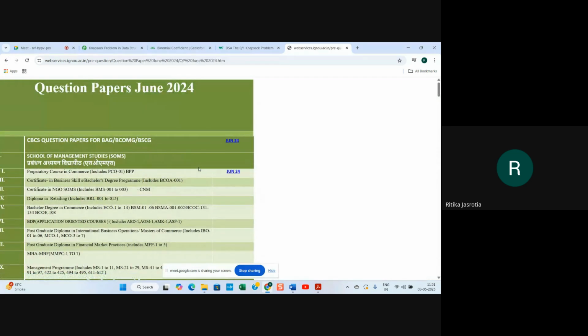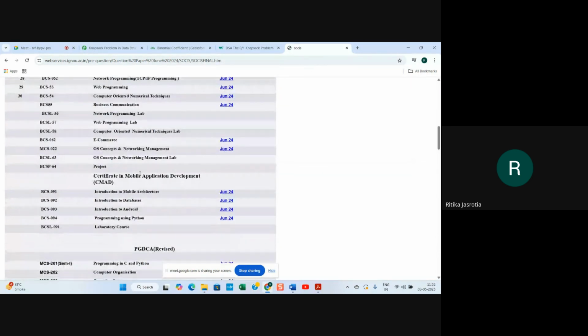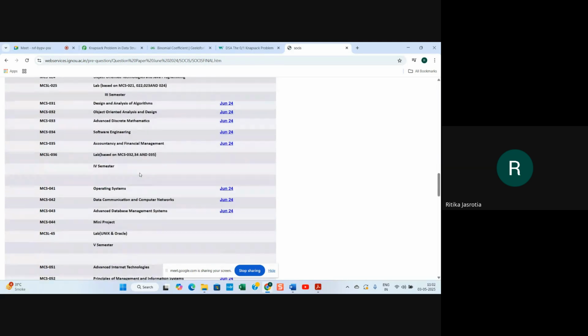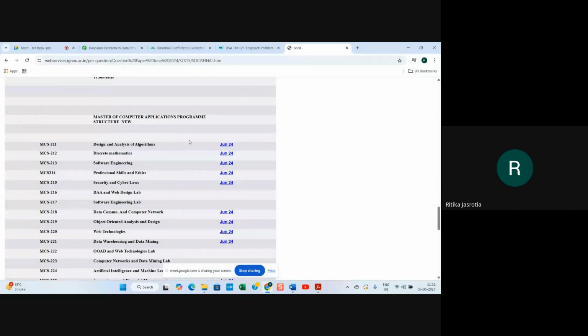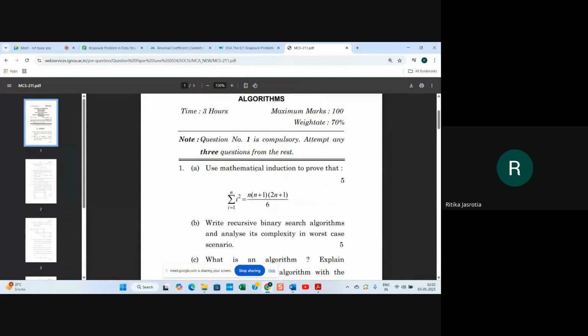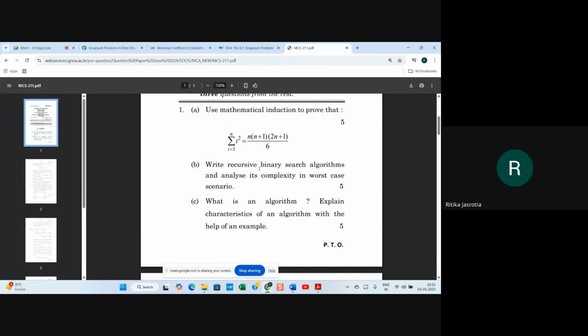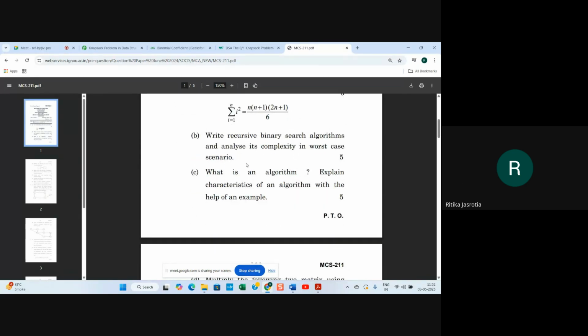I think for December they have not uploaded it. So here also you have to write the algorithm only. If you see here, right? Write the algorithm.